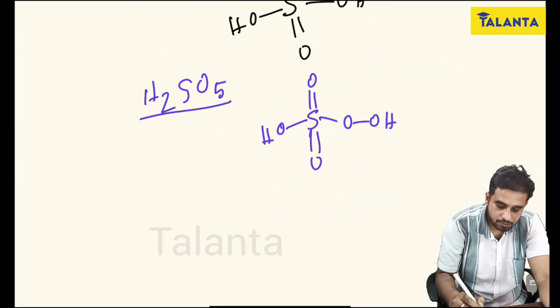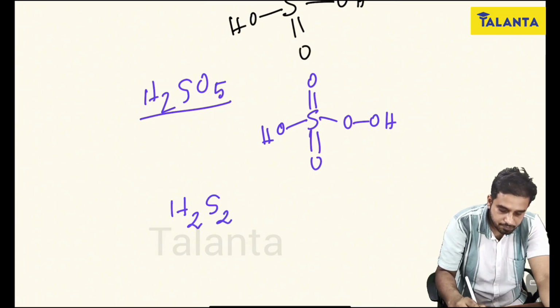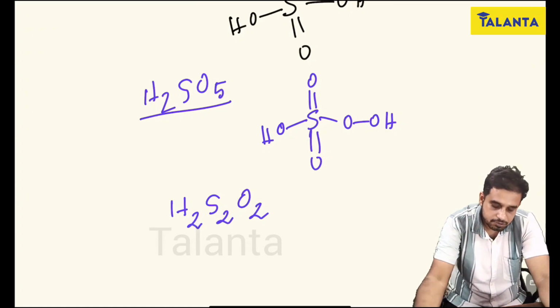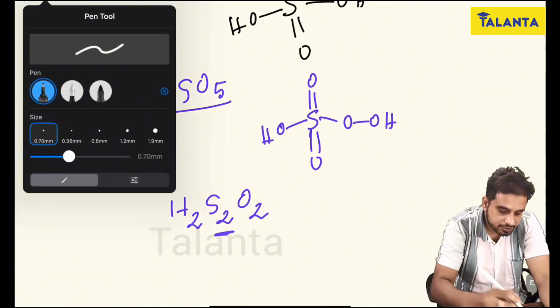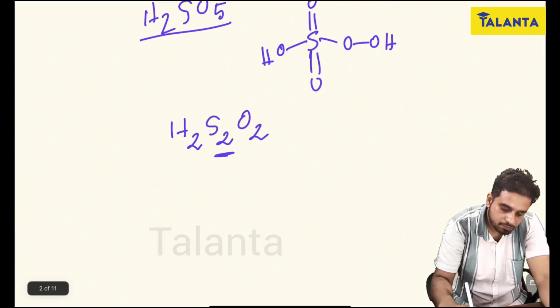Next, draw H2S2O2. What will be its structure? As two sulfur atoms are there, the reference molecule will be dithionic acid.